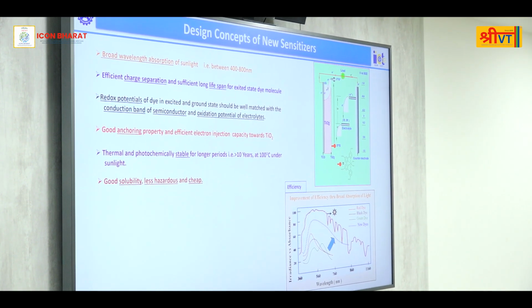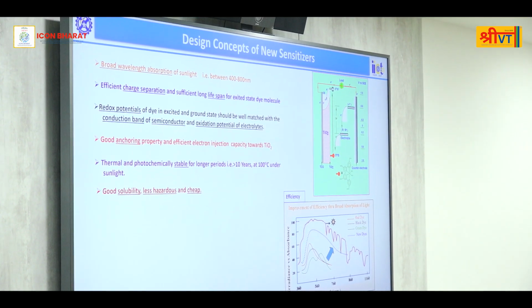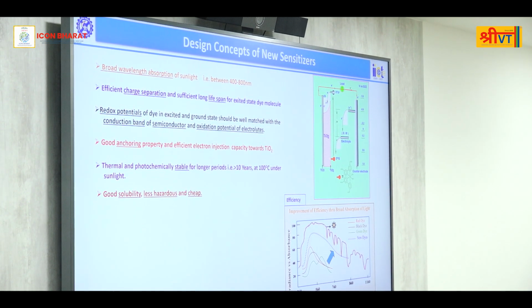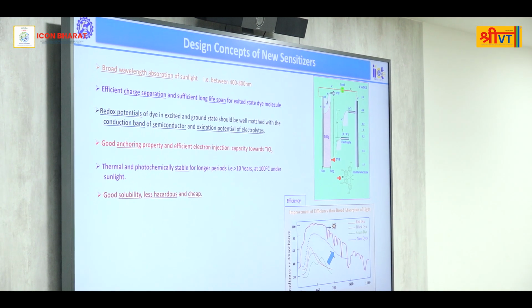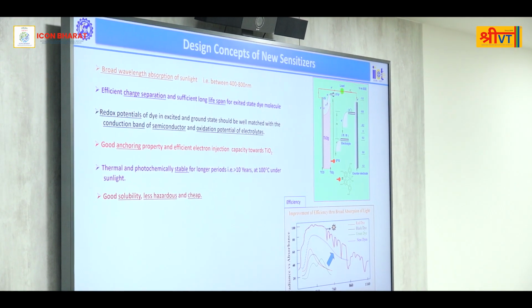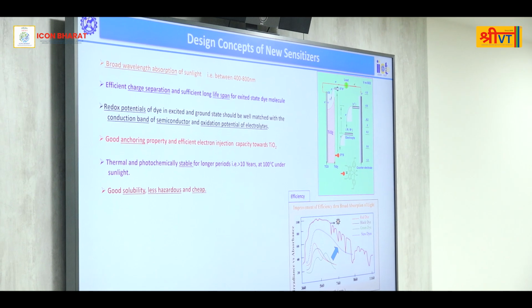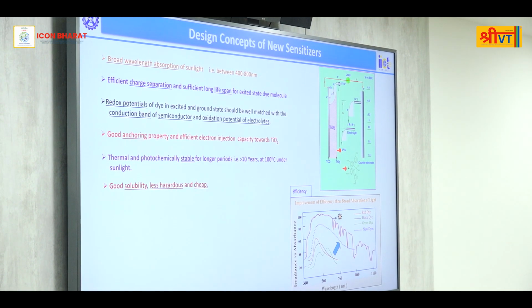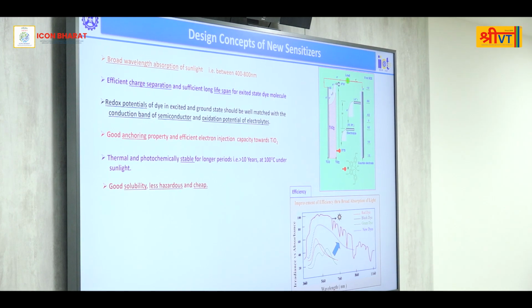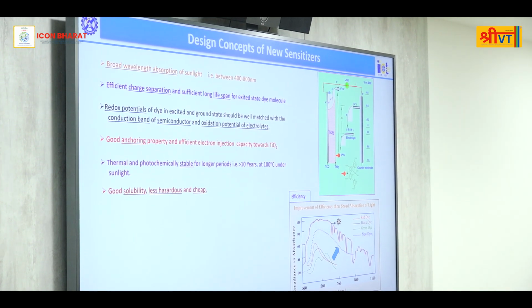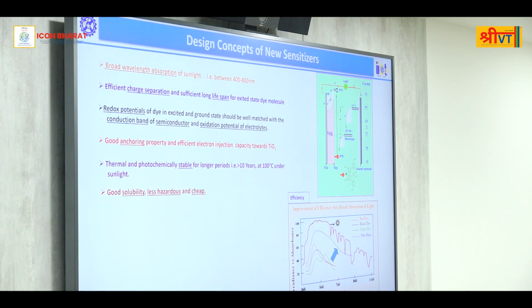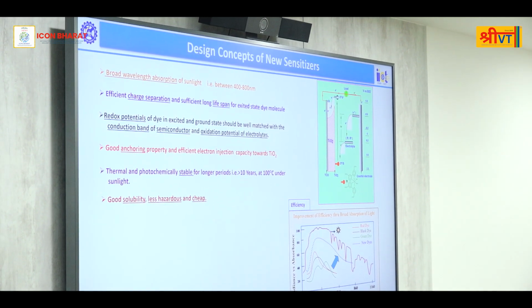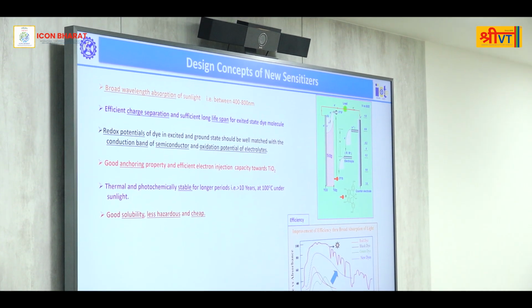So our first task, we started this research around 2010 in our institute, was how to reduce the cost of the materials. We were very fortunate, and at that time Professor Gratzel's patent had expired, and DSIR also supported a project to us, and we successfully demonstrated the process of the ruthenium complex to one industry.